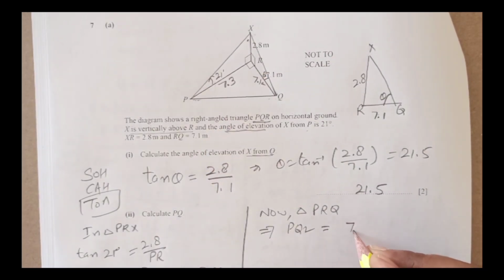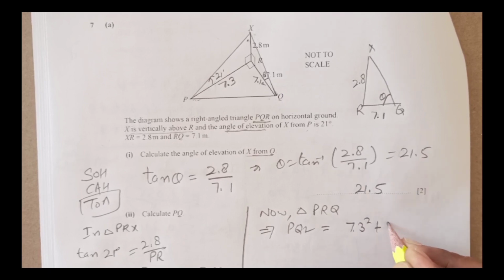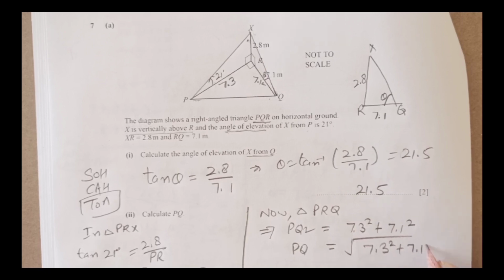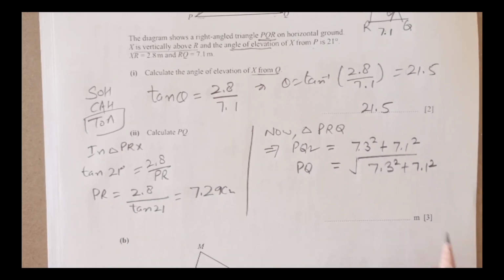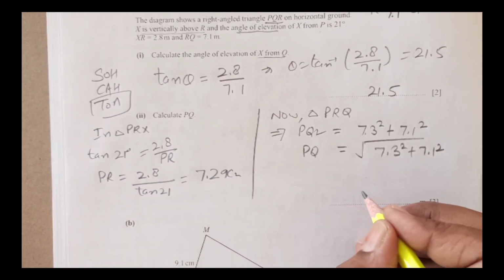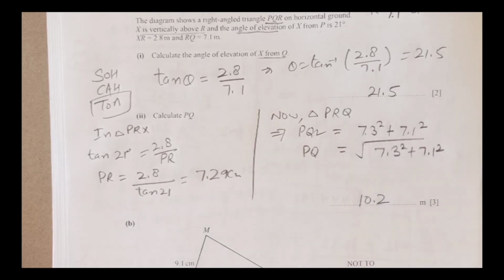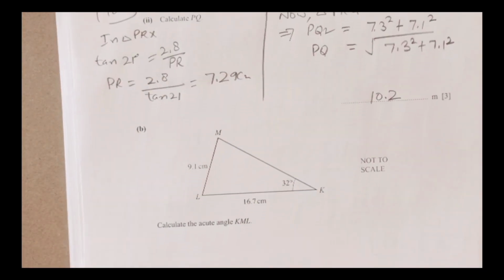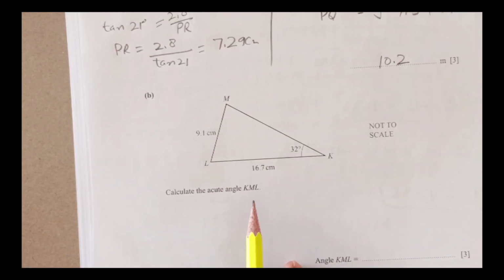So PQ is the square root of 7.3 squared plus 7.1 squared. Just plug in the values in the calculator, you are going to get 10.2 meters, right?